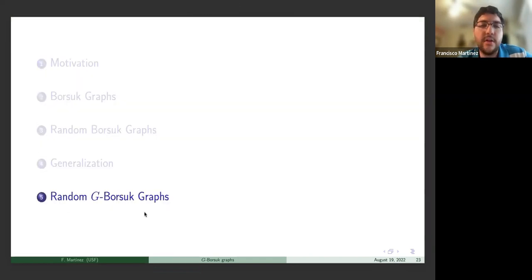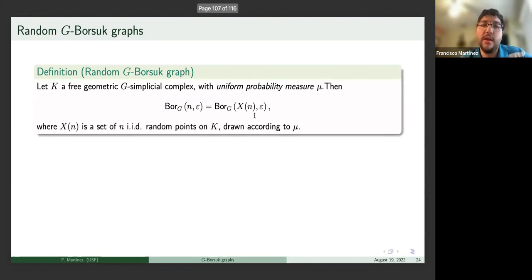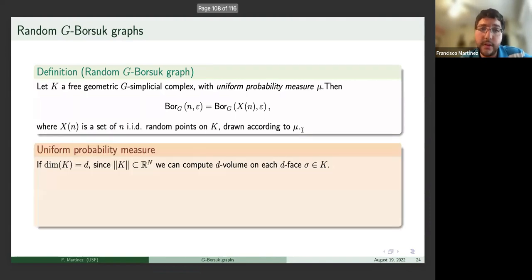So finally, let me tell you a little bit about making the random G-Borsuk graphs in this case. The same idea, but now we have a probability measure on a geometric simplicial complex. We can define a random G-Borsuk graph to be the graph where the vertices are n randomly chosen points according to the probability measure. The theorem that we have is for the uniform probability measure.